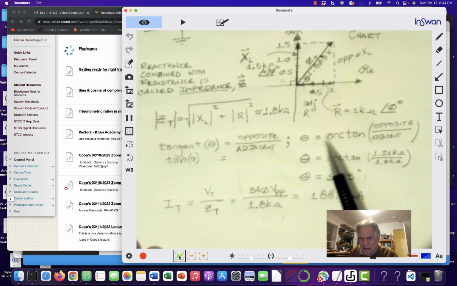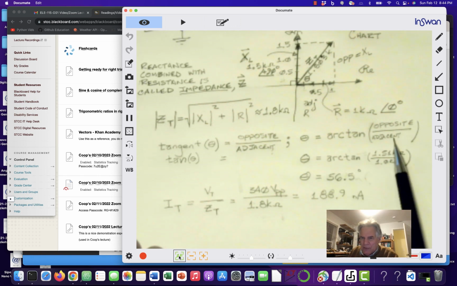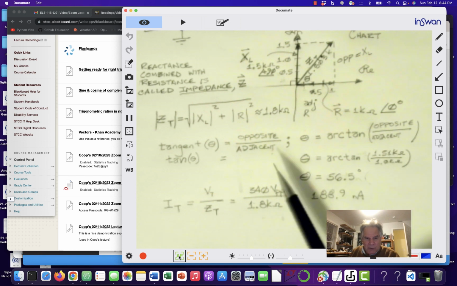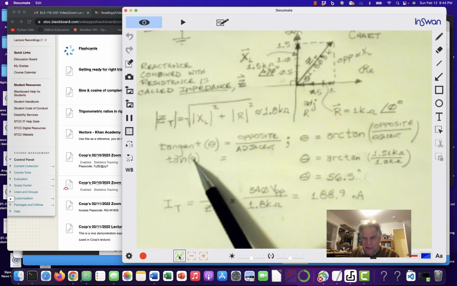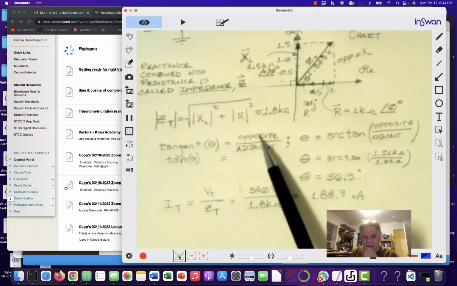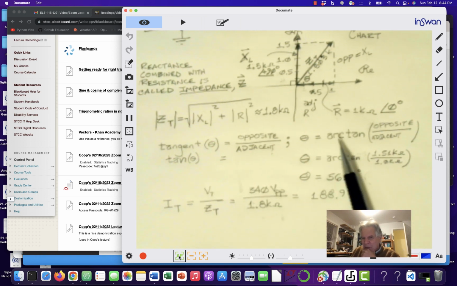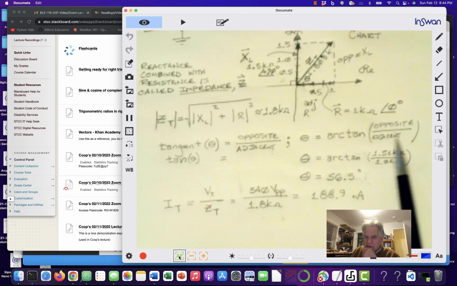So theta equals the angle whose tangent is opposite over adjacent. If I knew theta, I could tell you the ratio of opposite over adjacent. It would be the tangent of theta. But we have these guys, and we want theta. So we're going to use the angle whose tangent is this stuff.